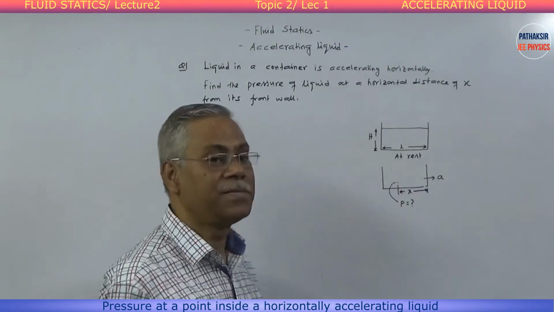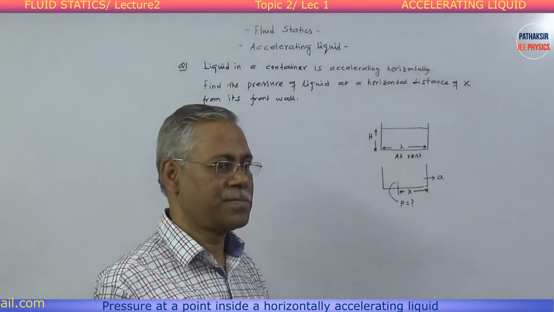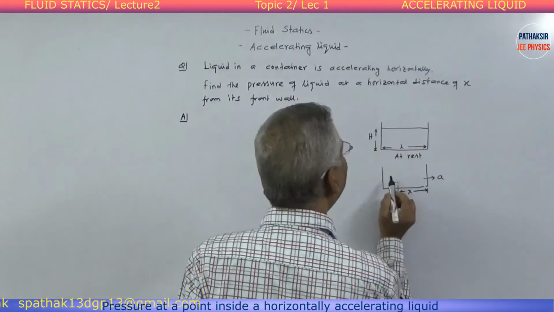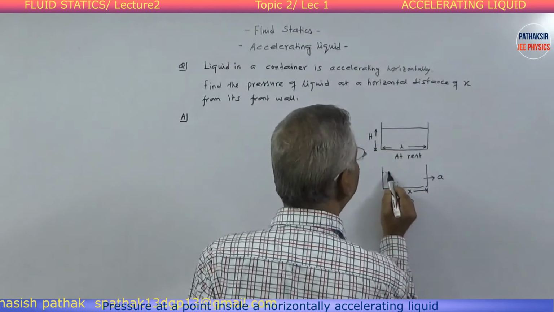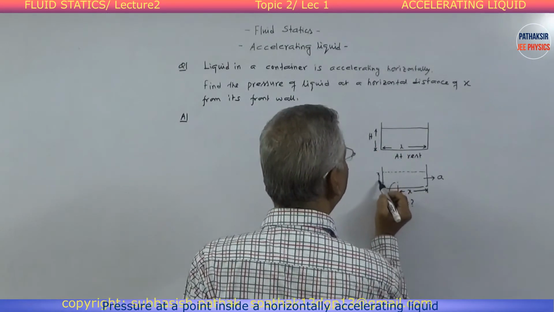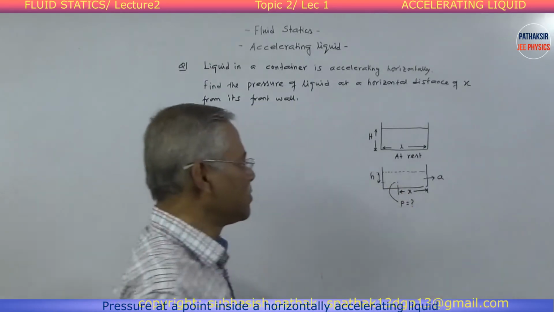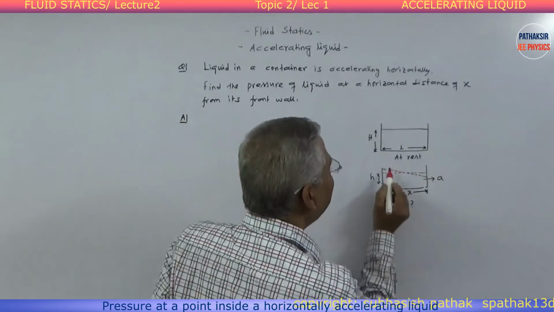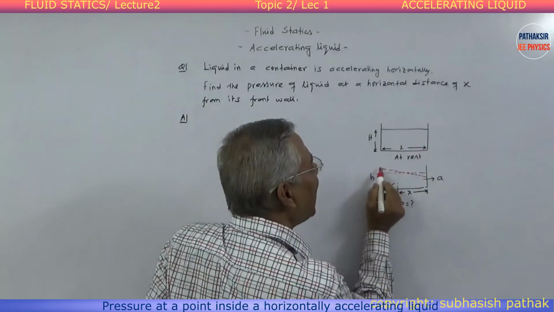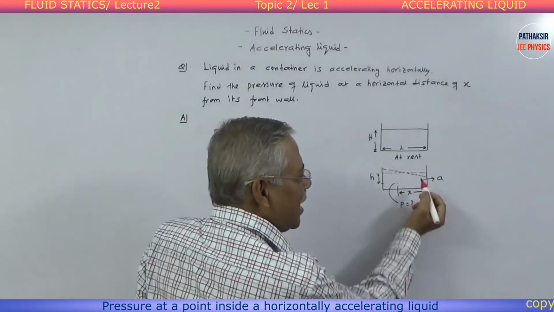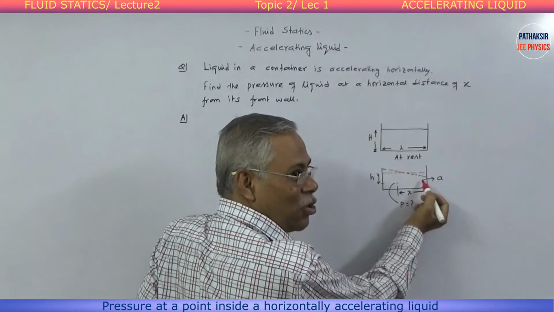This with respect to this initial reference may also be given, or with respect to this point the depth may be given, that this is h. Find the pressure at this point. Due to the motion, suppose the surface of the liquid becomes like this. This angle is known to you. You can calculate tan theta equal to a by g.